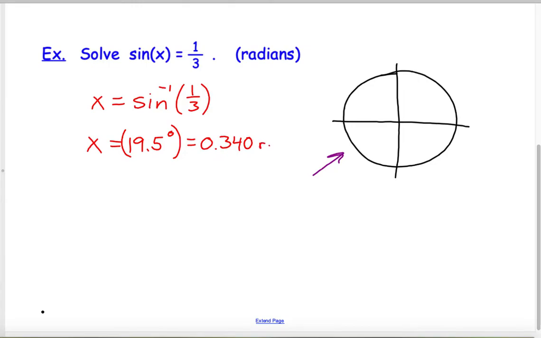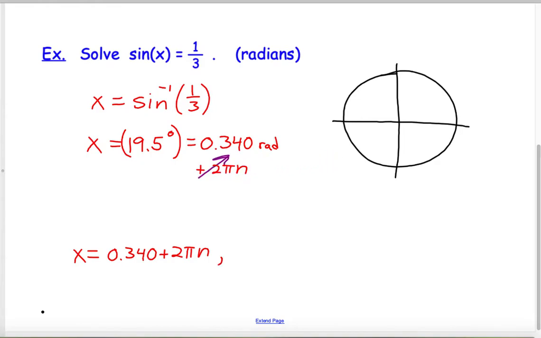And that's in radians. Okay, and then plus 2 pi n. So that's my first answer. Now we've got to figure out the next answer.